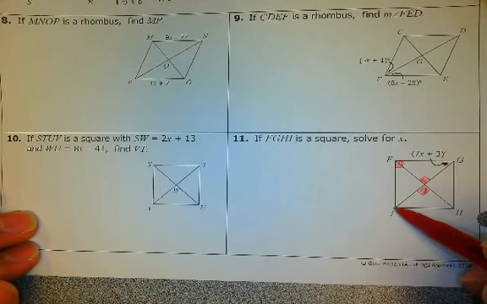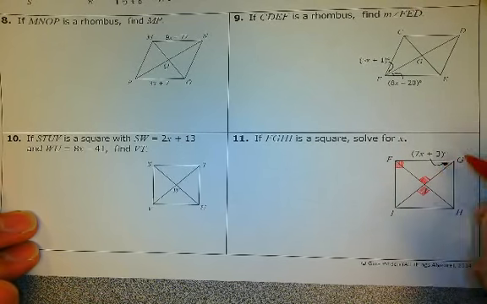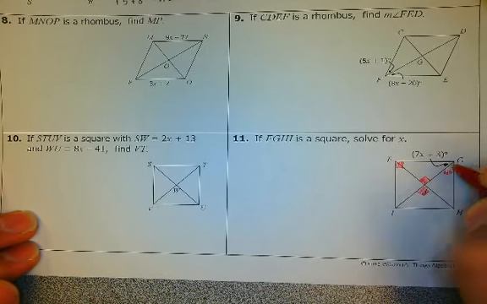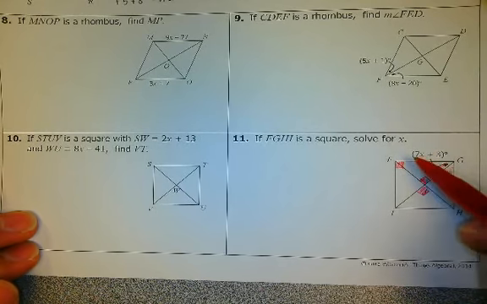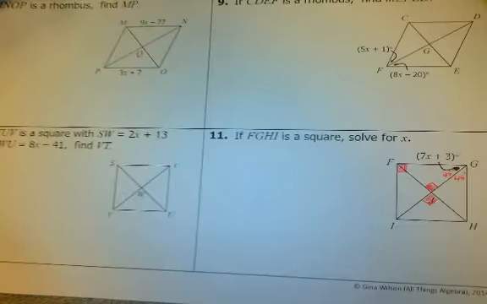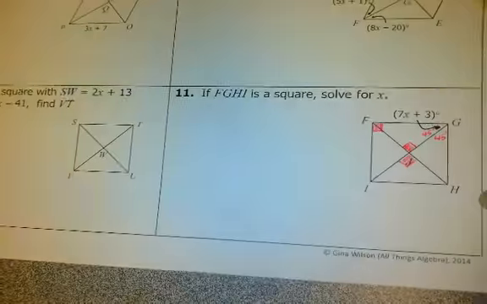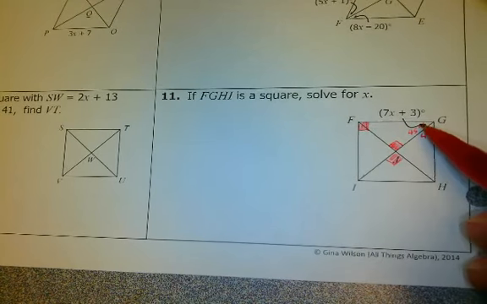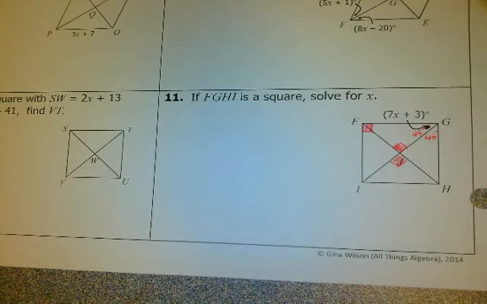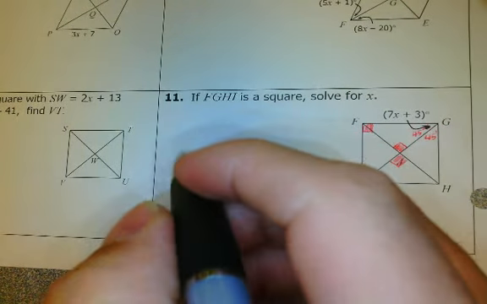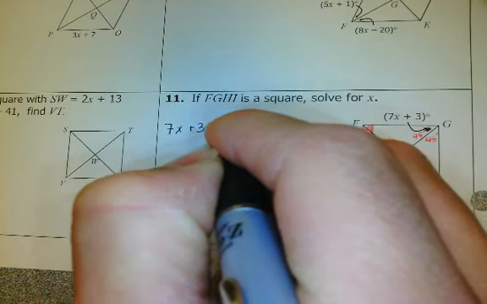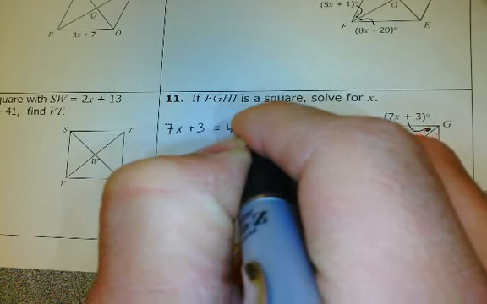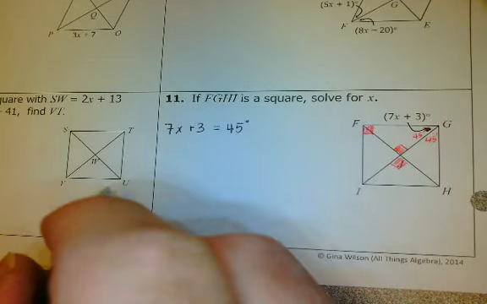So this diagonal bisects this corner, so that gives me 45 here, and that also makes this one 45. So what I have is that 7x plus 3 is in the same corner as the 45-degree angle. So I'm going to set them equal to each other. 7x plus 3 equals 45 degrees. Just solving for x.